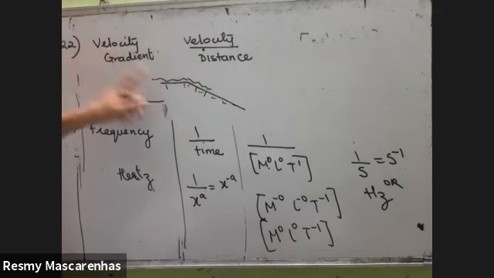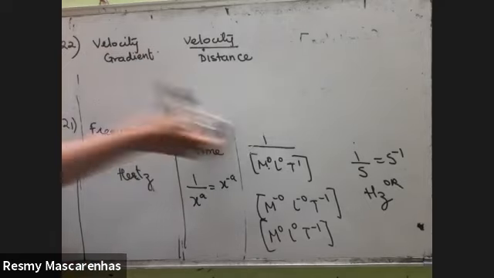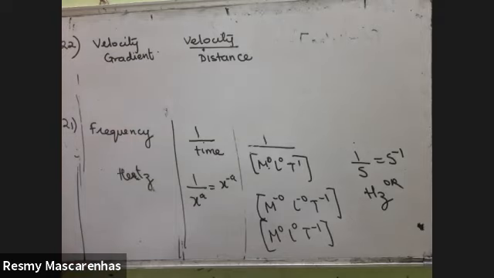So basically, the formula is velocity upon distance. So write the dimensions for velocity and then distance.